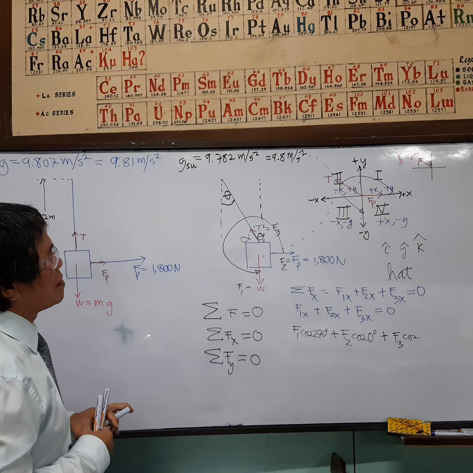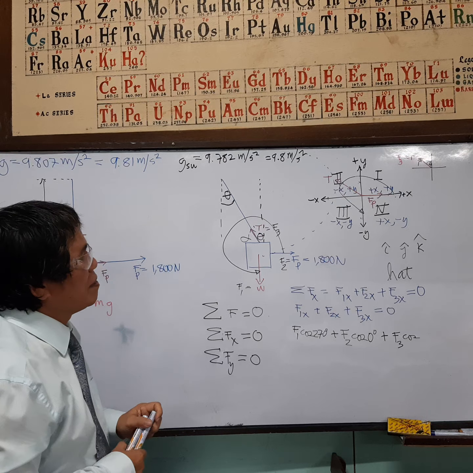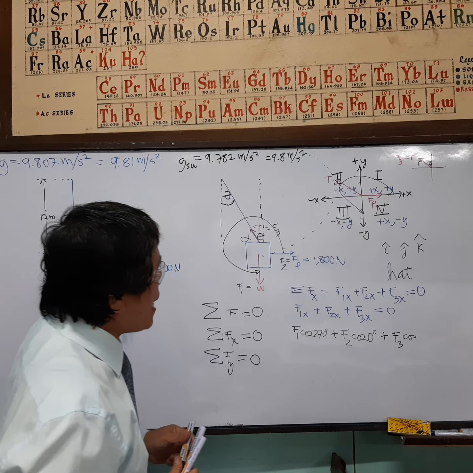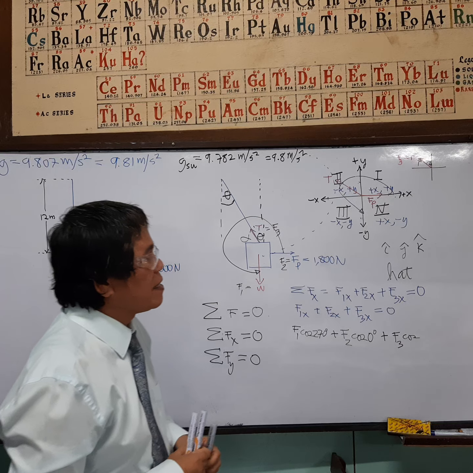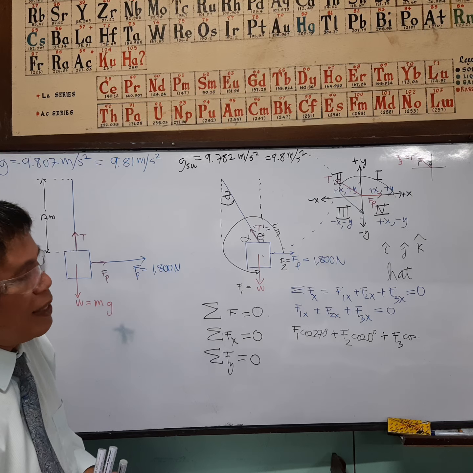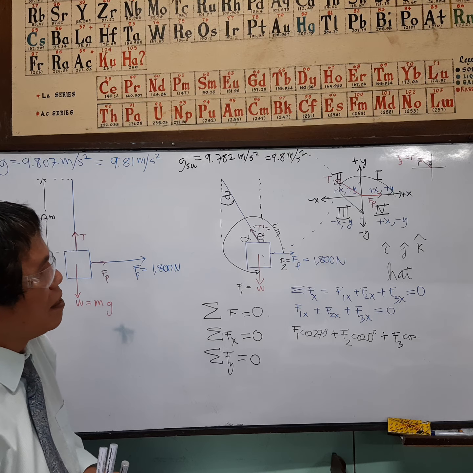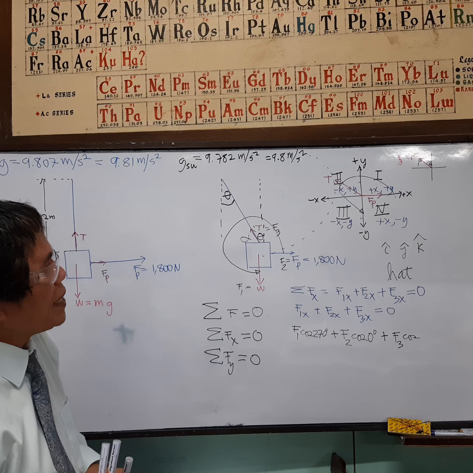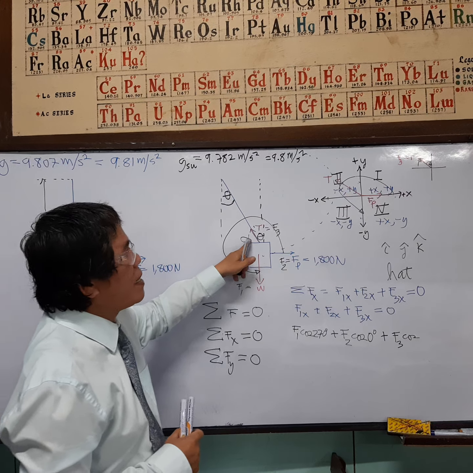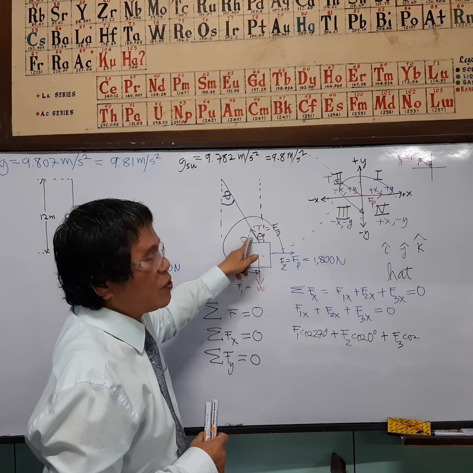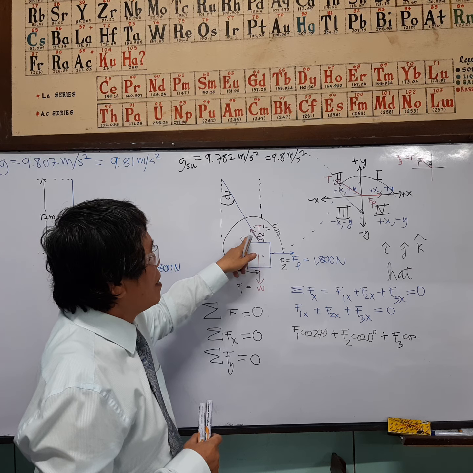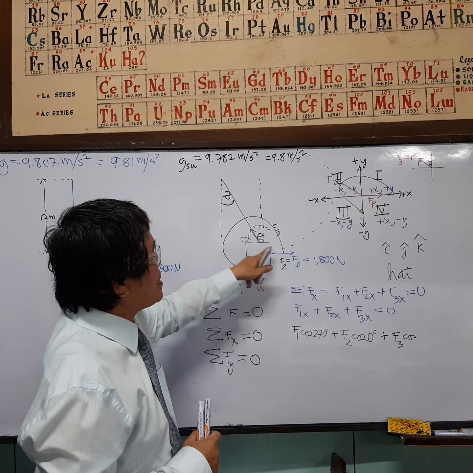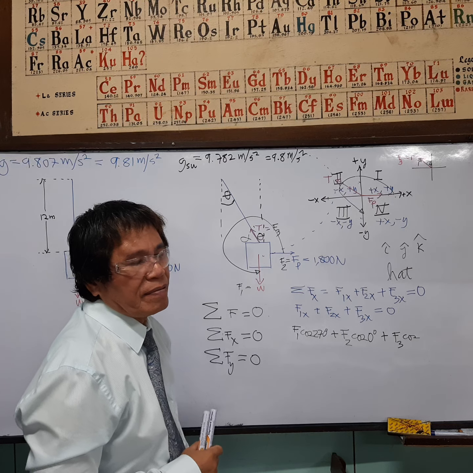So that you will not be confused here, you can also use alpha equal to 90 degrees plus theta.